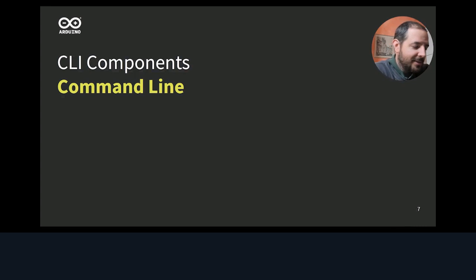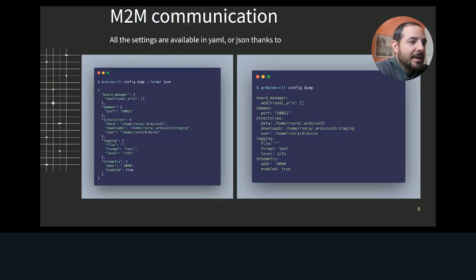So let's look at the different components. We basically have three main components. One of them is the command line. So the command line itself has some support for different formats. We figured out that many systems or also scripts can use different ways to visualize and parse the data.